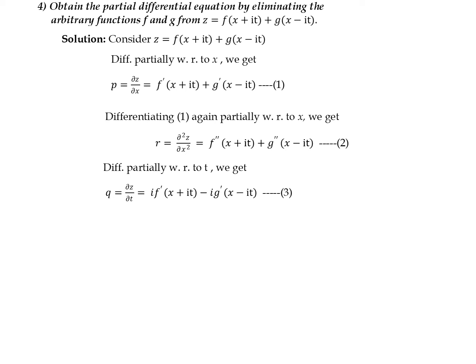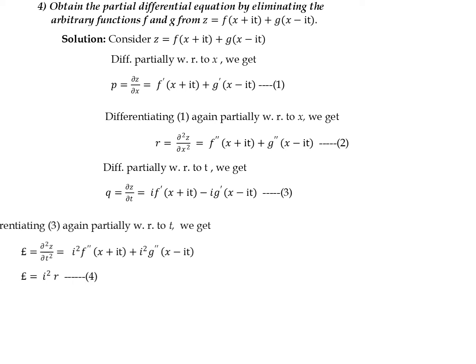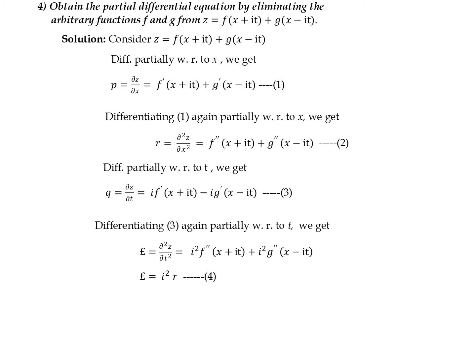Now once more let us differentiate because we need till second derivatives. So once more differentiating this equation with respect to t, we get ∂²z/∂t². The notation let us call as a script t because we need to differentiate between the variable t and the partial derivative.